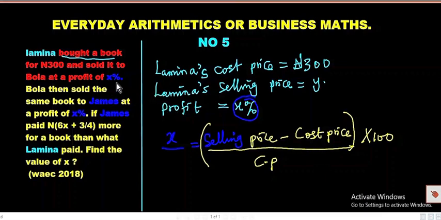So Lamina's profit is going to be his selling price minus his cost price. Now in this case, remember, I do not know his selling price.